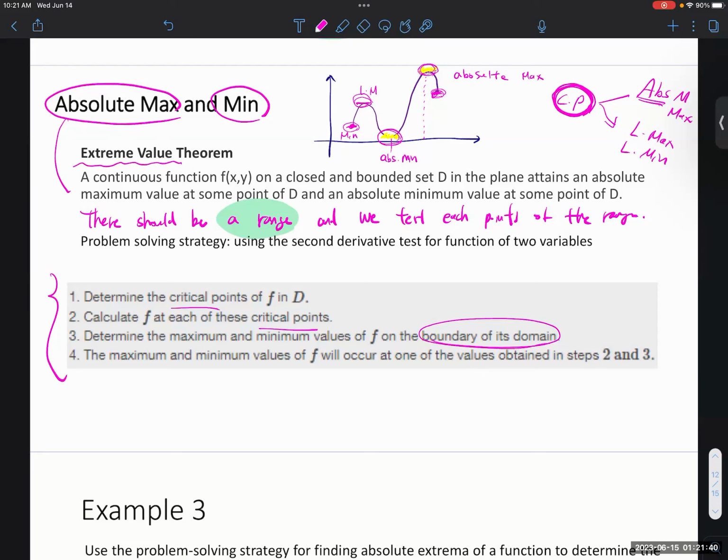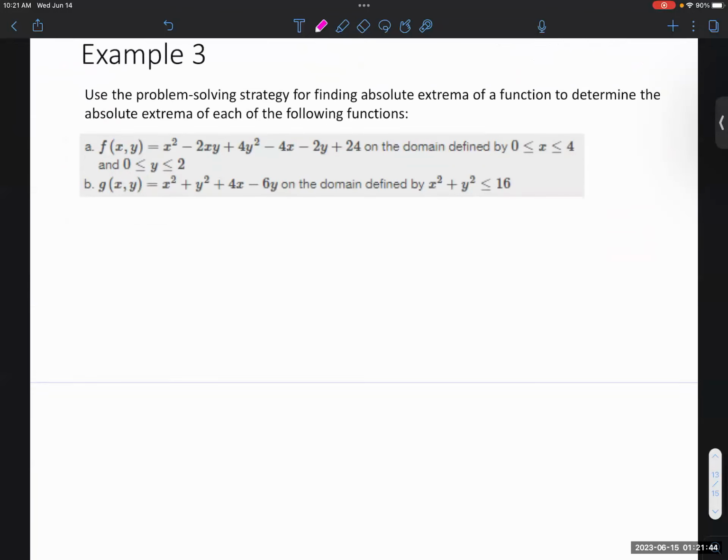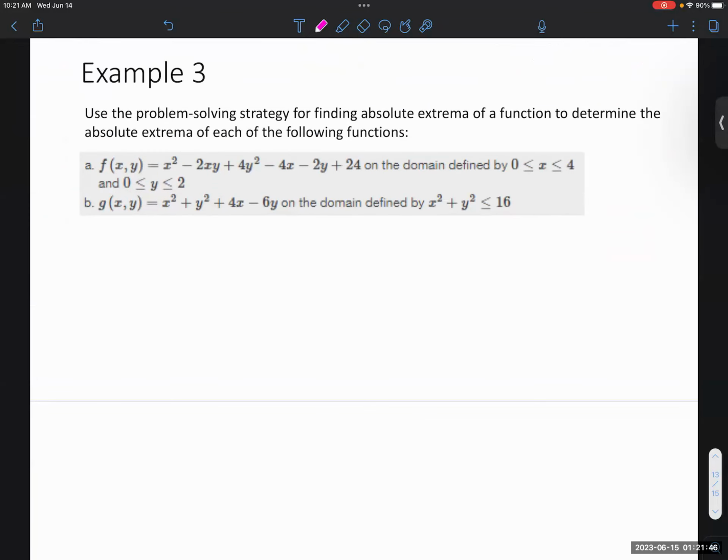I'm going to show you so you will see what we are actually doing. So same type of question. In this question, I want to find the absolute max and min of the following function. Let's say this is the function. You should be able to find the critical points, but a critical point does not mean it's always the absolute max or absolute min. We don't know yet.